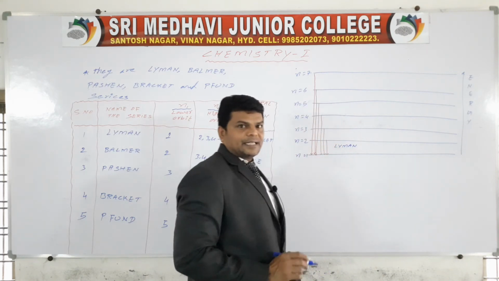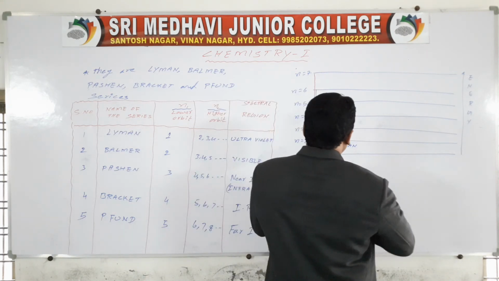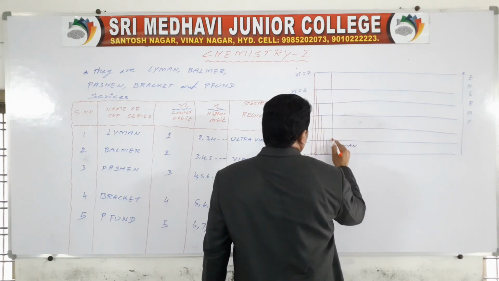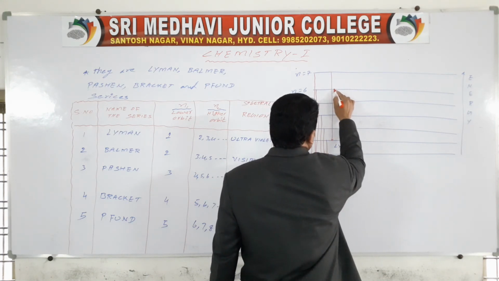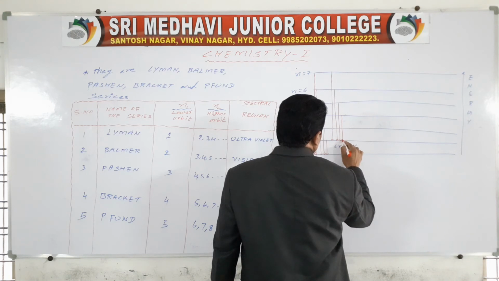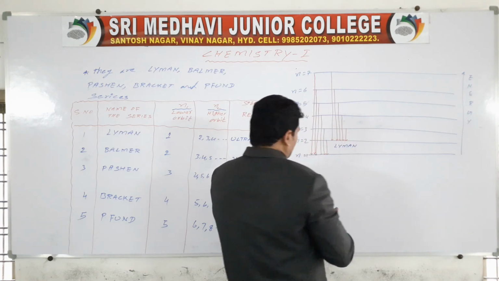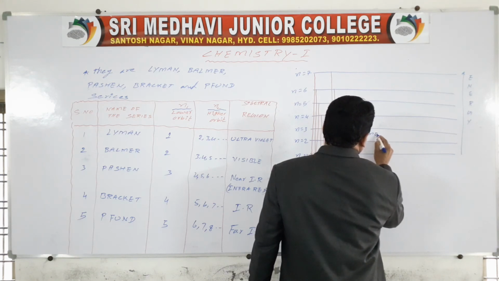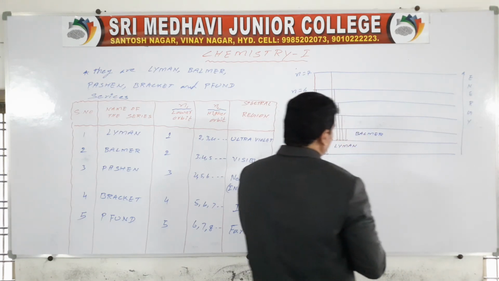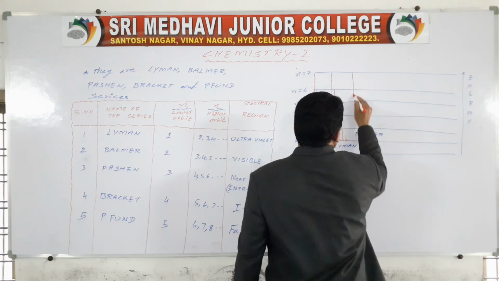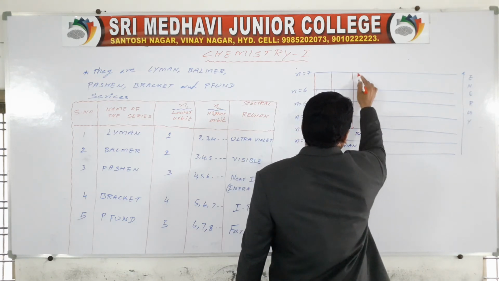Then when the electron jumps from higher orbit to second orbit, the Balmer series is formed.